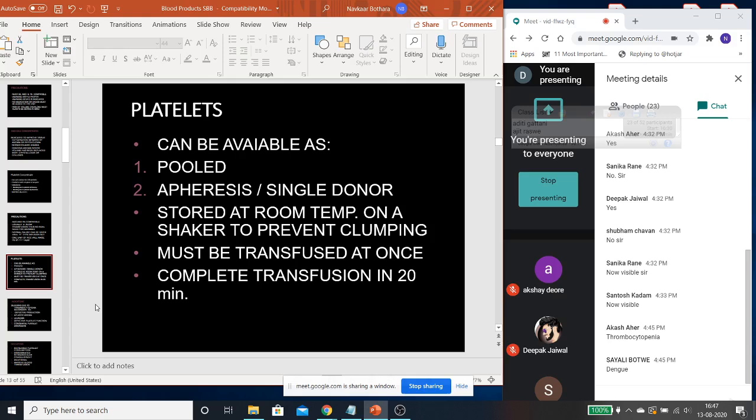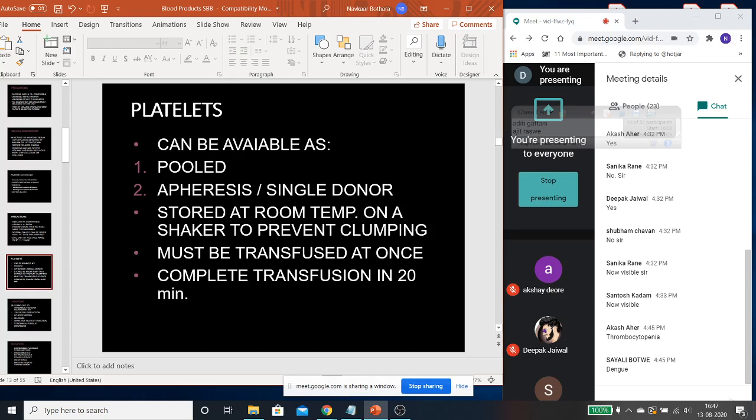Keep it, they will fractionate it and you can use the same blood. So that is single donor blood. Or if the donors are relatives and can give multiple units, then it can be taken from them. Okay, and it must be transfused at once.